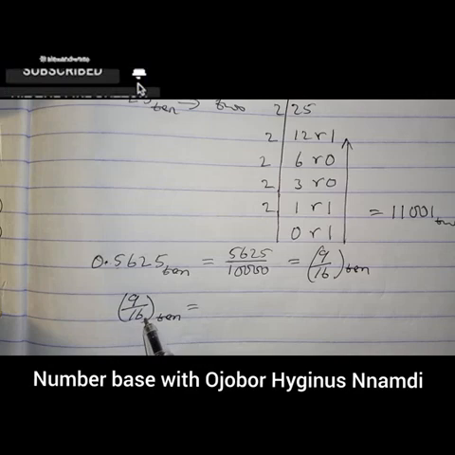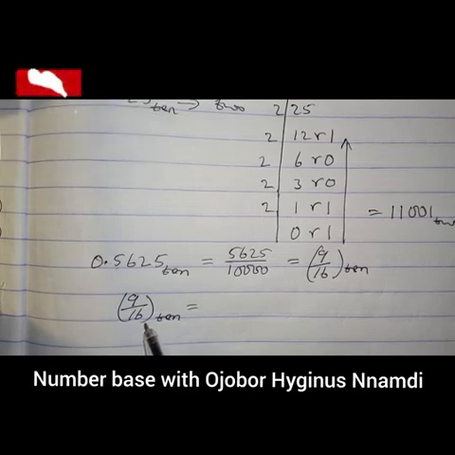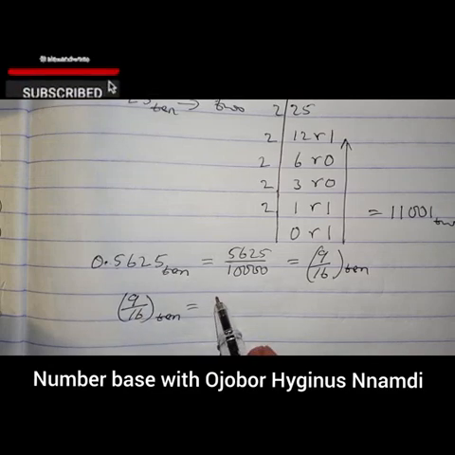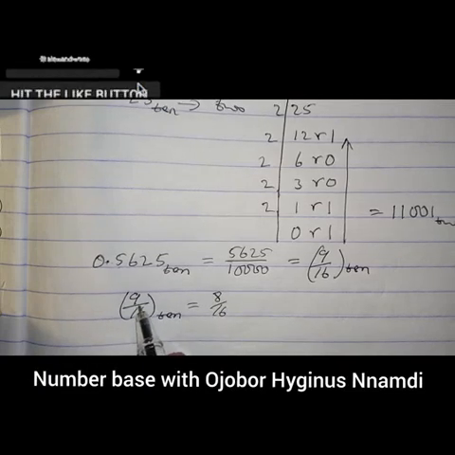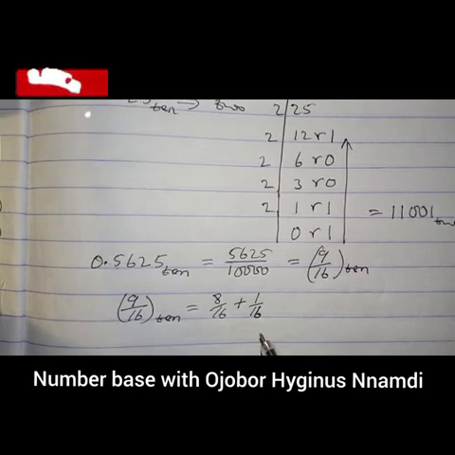We have 2 times 2 is 4, 4 times 2 is 8, 8 times 2 is 16. So from these numbers, 8 is the closest to 9 that is less than 9. So I will write 8 over 16. If I remove 8 from 9, I'll be left with 1, then 1 over 16. I have no other option than to write that 1 all over 16. So this is what I have.